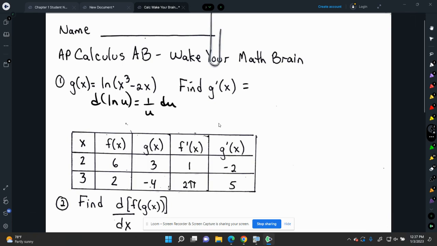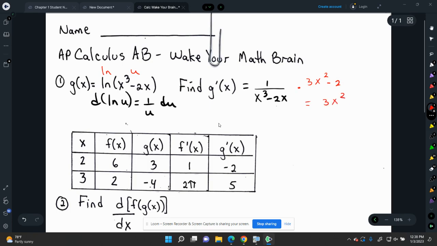So we're going to do 1 over x cubed minus 2x. This is the natural log of u, times the derivative of u, which is 3x squared minus 2. So we're going to get 3x squared minus 2 over x cubed minus 2x.